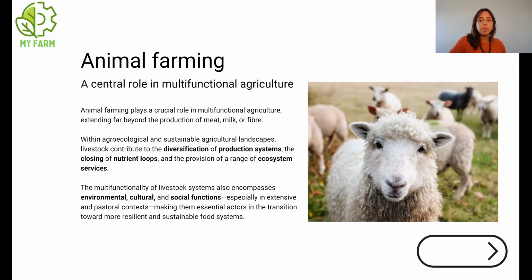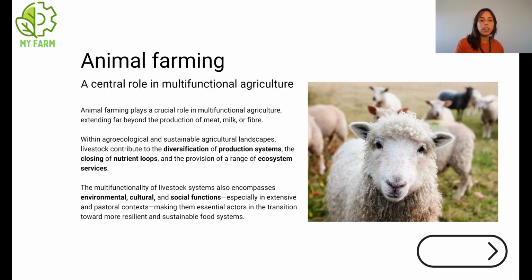As you can imagine, animal farming has a central role in multifunctional agriculture. Animal farming, in fact, plays a crucial role extending far beyond the production of meat, milk, or fiber. Within agroecological and sustainable agricultural landscapes, livestock contribute to the diversification of production systems, the closing of nutrient loops, and the provision of a range of ecosystem services.